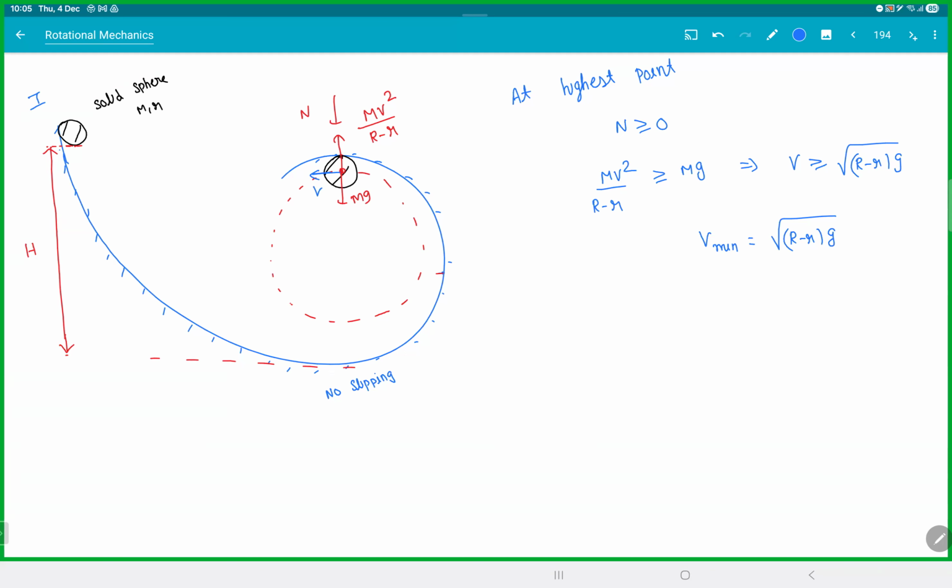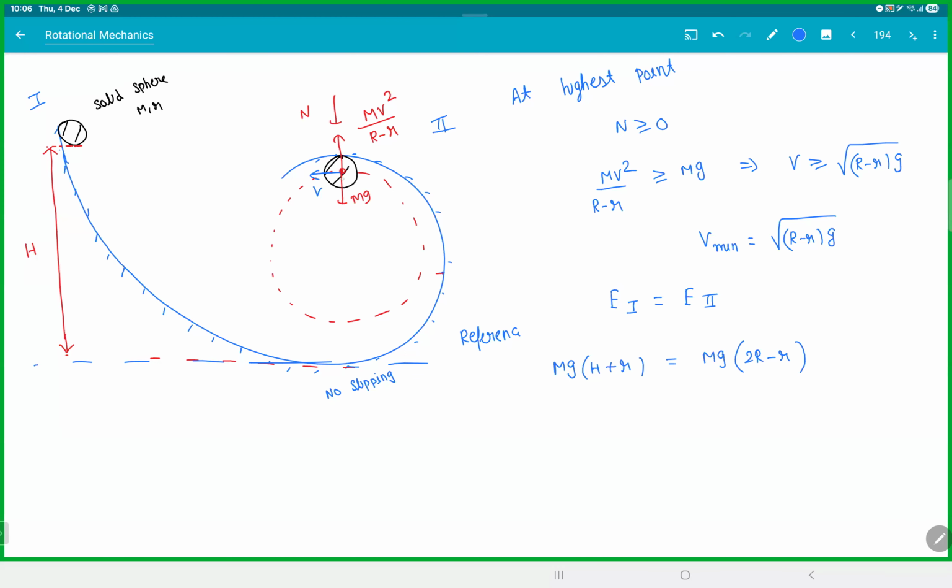Next thing, state 1, state 2. I will take the ground as the reference line. Energy in state 1 is equal to energy in state 2. Initial potential energy is mg (h plus small r), because remember, I took h from the bottom, so you have to add small r. The final potential energy is mg times what? 2R minus small r.